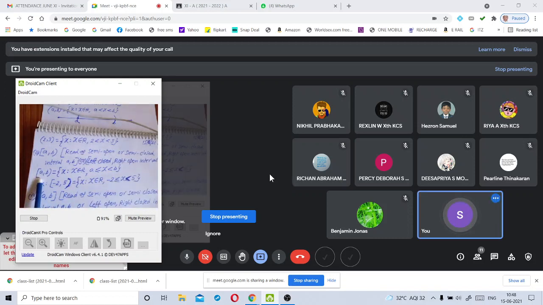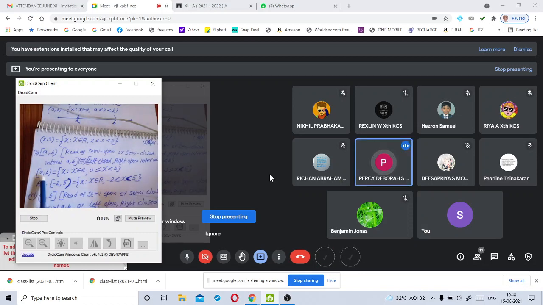My dear Percy, read this line. Left closed, right open interval A comma B is equal to the set of all x such that x belongs to R, comma, A less than or equal to x less than B. Very good, my dear Percy.